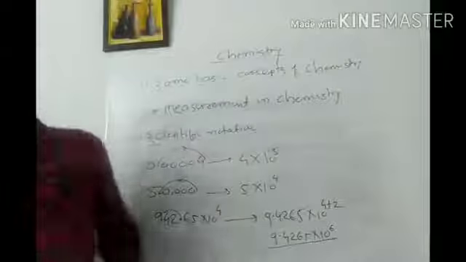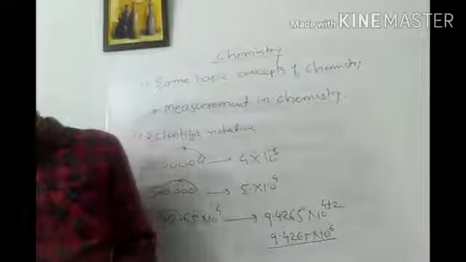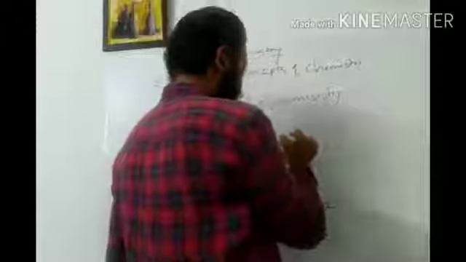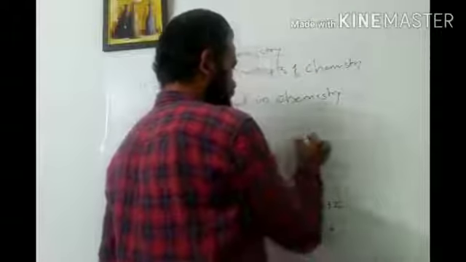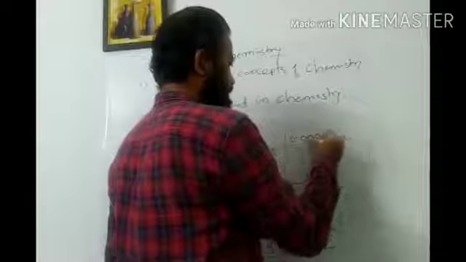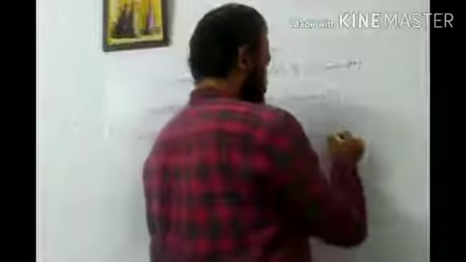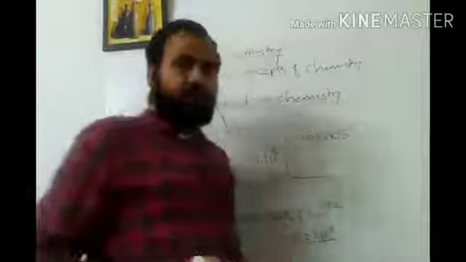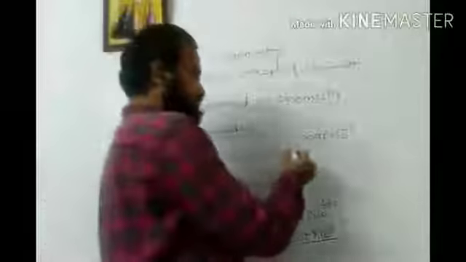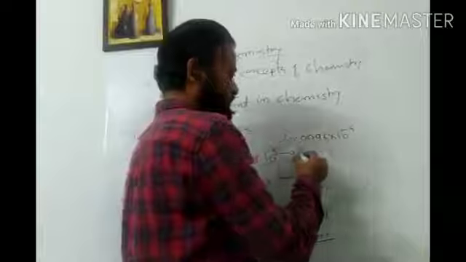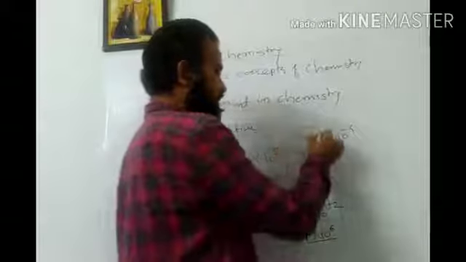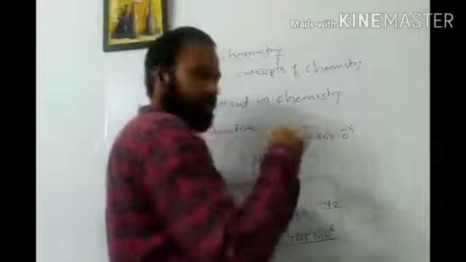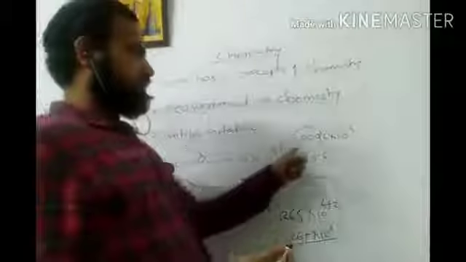Okay, I will take one more example, it will be clear for you. Let us say 0.0096 into 10 raised to minus 4 is given. If I want to write 9.6, I am shifting this point by 3 digits towards the right side, which means I am increasing the number.